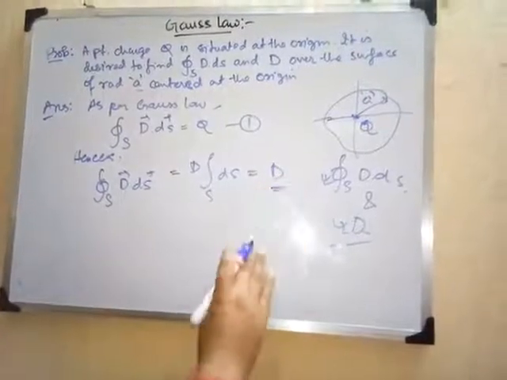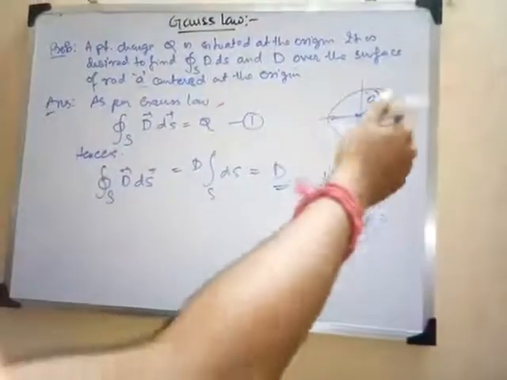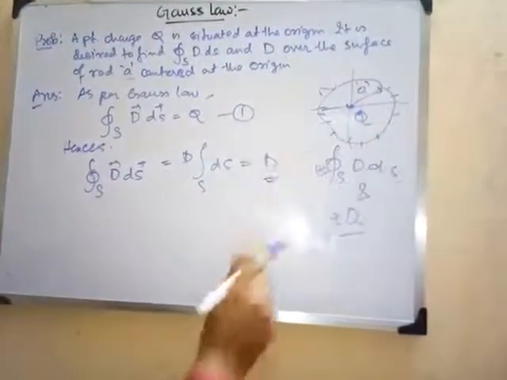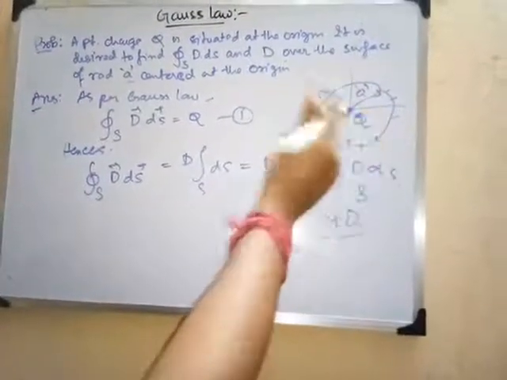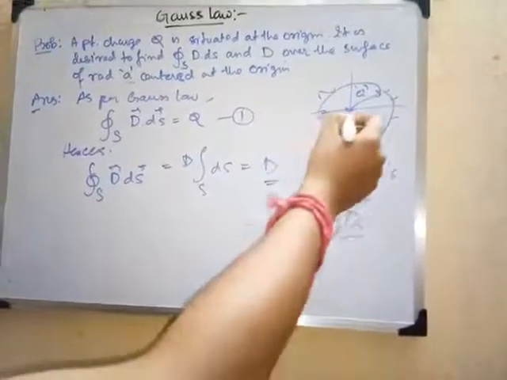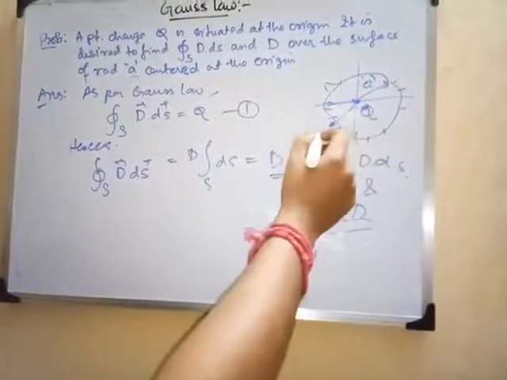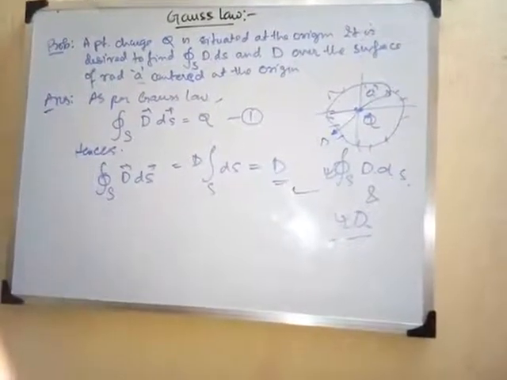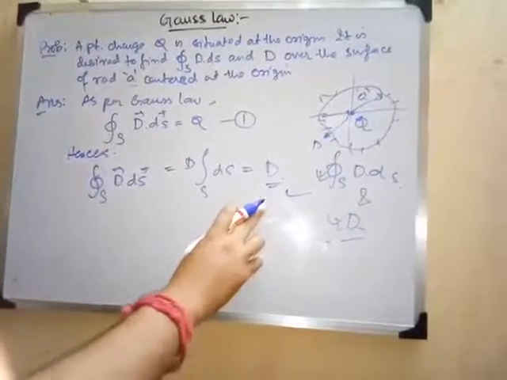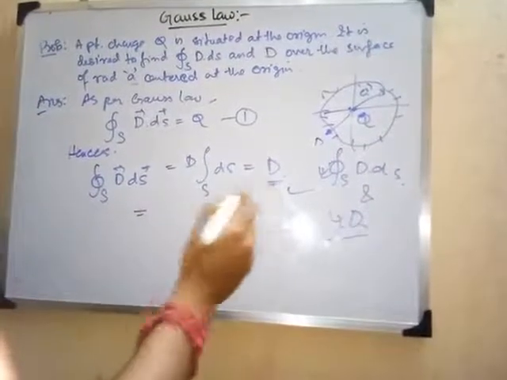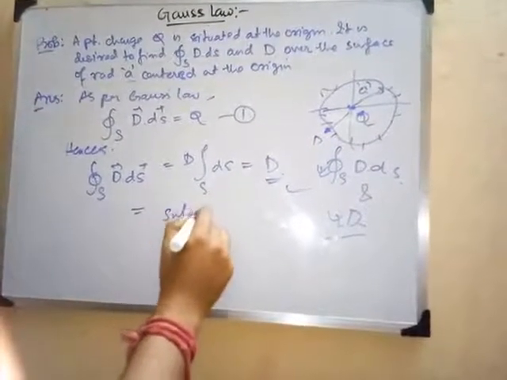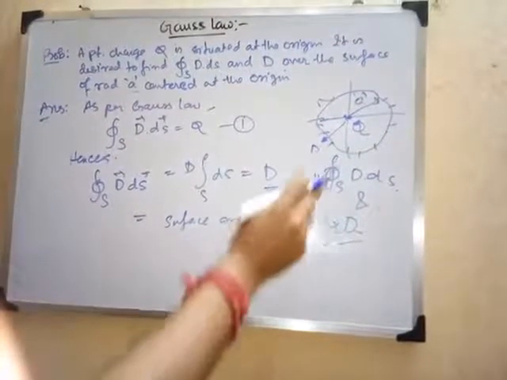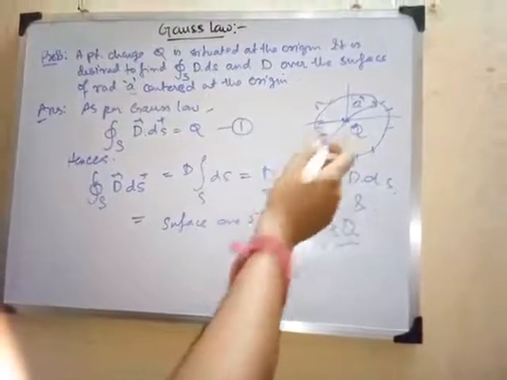Because D is the flux coming out through each small part of the surface, so for a small part, the flux emanating through it we can consider as D. So from Gauss's law we evaluate that this equals D times S, where S is the surface area of the sphere, because we are taking small parts here.